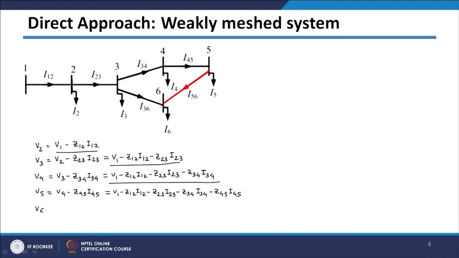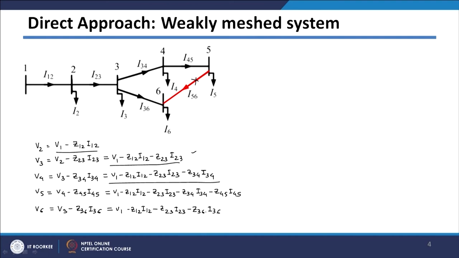V6 is connected to node number 3, because we are considering this as a radial branch and this as a loop branch, so we consider only radial branches. So it is V3 minus Z36 into I36. V3 we have got here, which is V1 minus Z12 into I12 minus Z23 into I23 minus Z36 into I36.